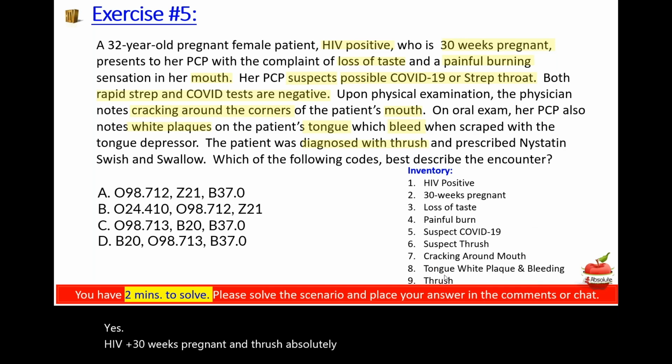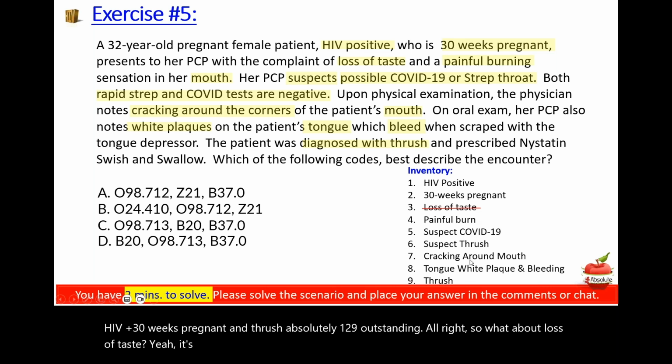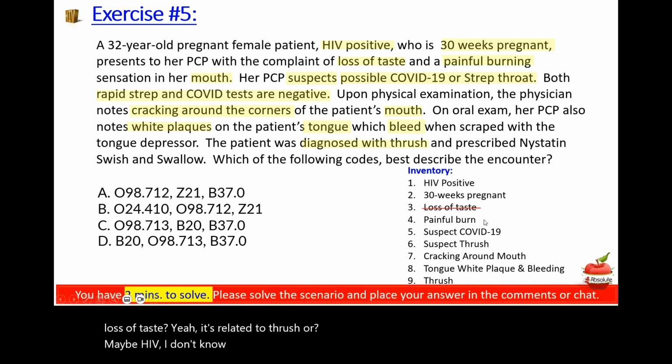Absolutely. Outstanding. All right, so what about loss of taste? Yeah, it's related to thrush or maybe HIV. Painful burning? Could be thrush, right? Or HIV.